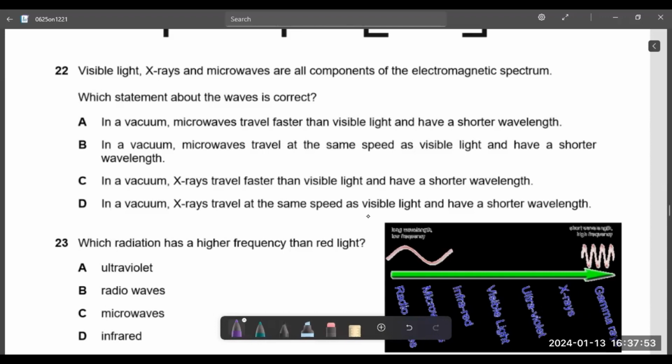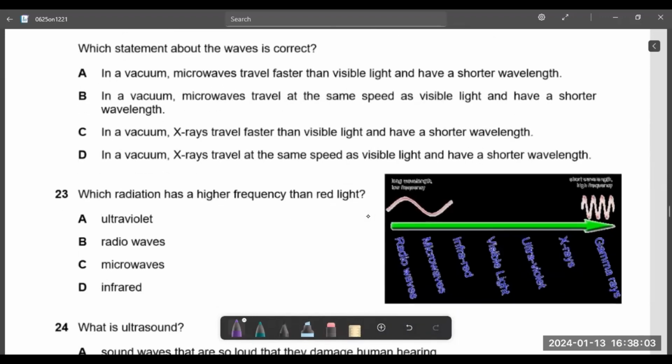The visible light, X-rays and microwaves are all components of electromagnetic spectrum. Which statement about the wave is correct? So here we can see the electromagnetic spectrum. Visible light is here. And these are the waves with longer wavelength.